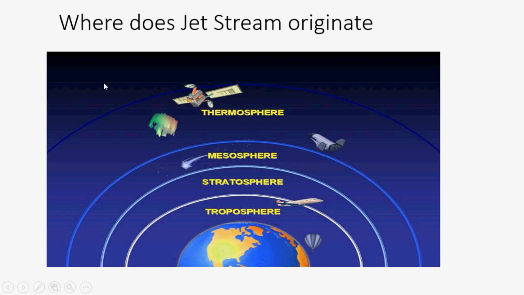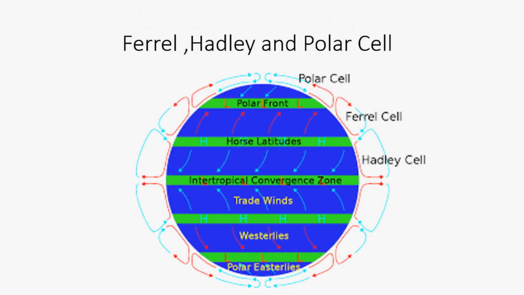The outermost layer is called the exosphere. Now we should know where the jet stream originates. The jet stream usually originates in the troposphere region. We will discuss more about how it generates and its other features. But before moving into the jet stream, we need to know about Ferrel, Hadley, and polar cells.